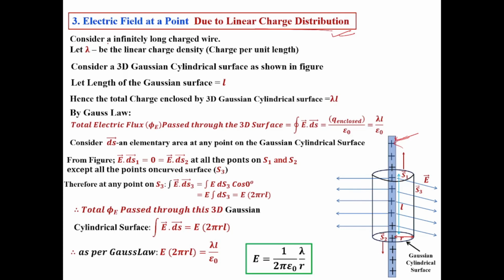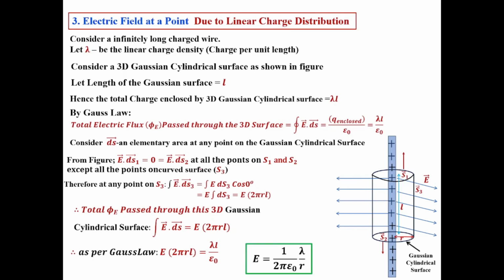Its linear charge density is lambda. Linear charge density means charge per unit length. If I consider this is a unit length, then the charge on the unit length will be lambda. So charge per unit length is given as lambda.